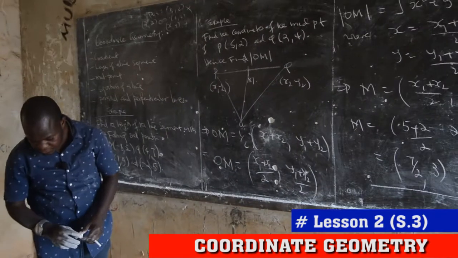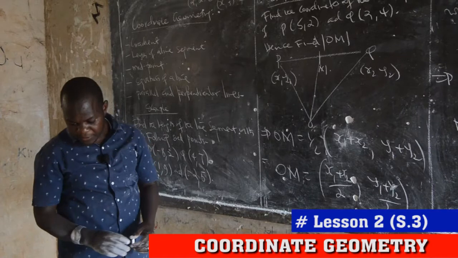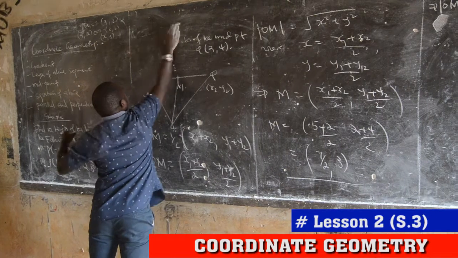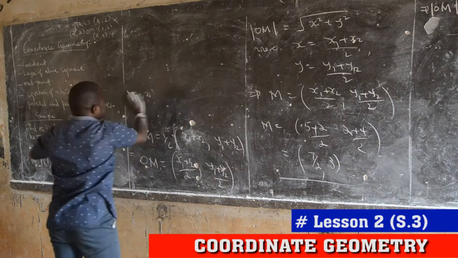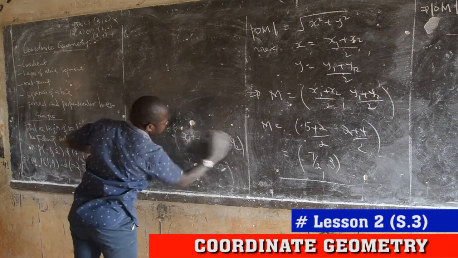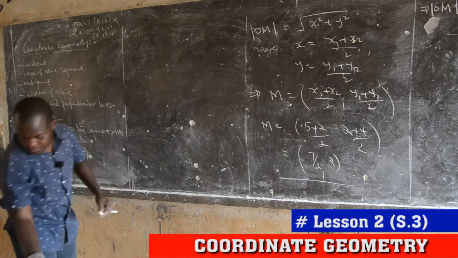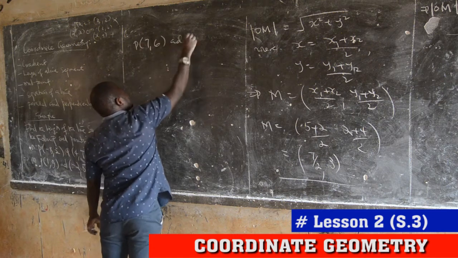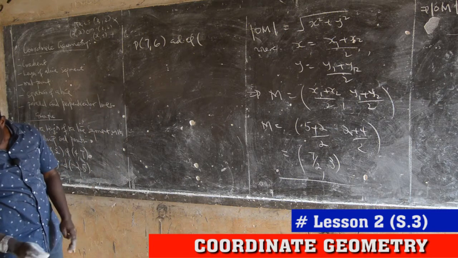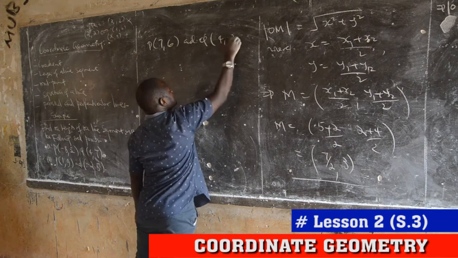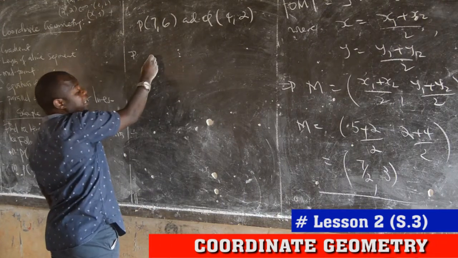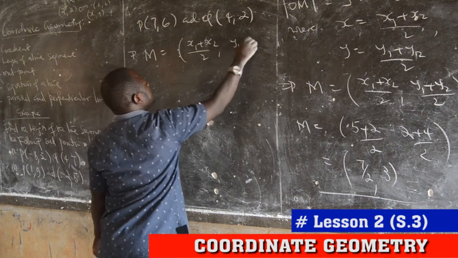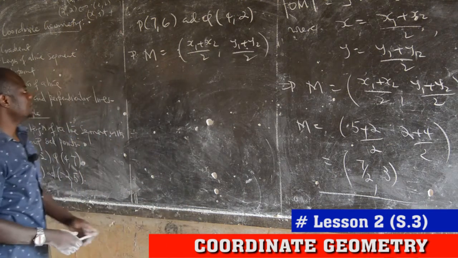For example, I can say find the midpoint of the points P(7, 6) and Q(4, 2). When I ask you to find the midpoint, just know midpoint M is given by x1 plus x2 over 2, y1 plus y2 over 2. So you go ahead and get that as the midpoint.